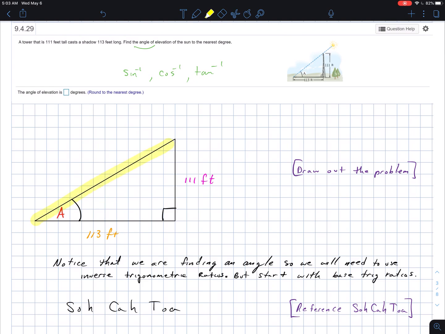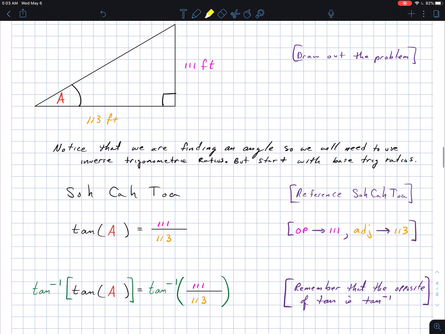So again, I drew the triangle, and what we are saying here is exactly what I just said beforehand. We're given legs or sides of a triangle. When you are given sides of a triangle, you're going to use the opposite, the inverse, or the arc of whatever the regular trig function is.